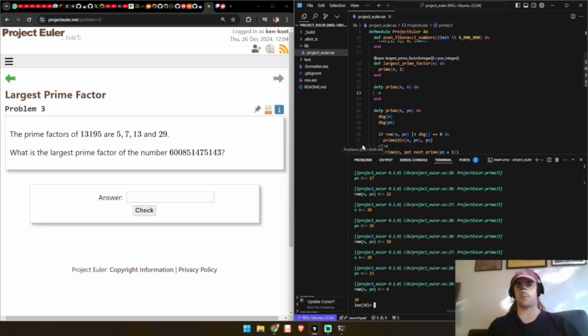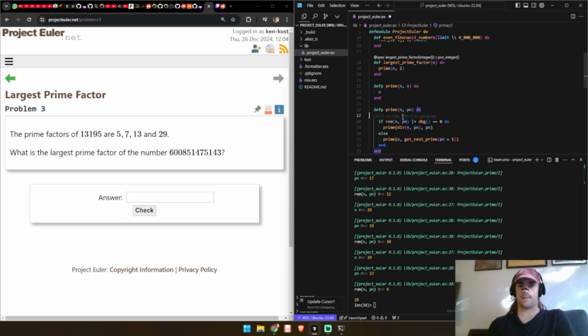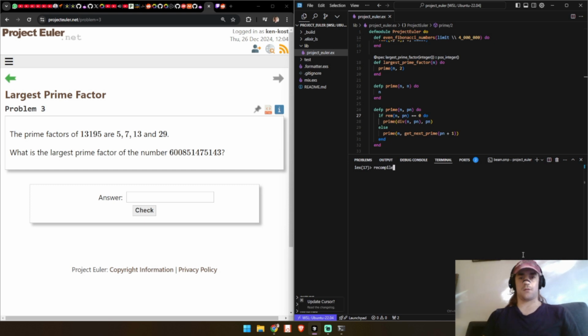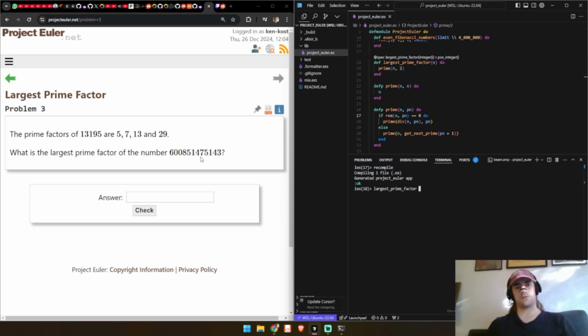But let's see if it works for the big number. Let's remove inspection. That's beautiful. Yeah. So we're calling the function with this number.